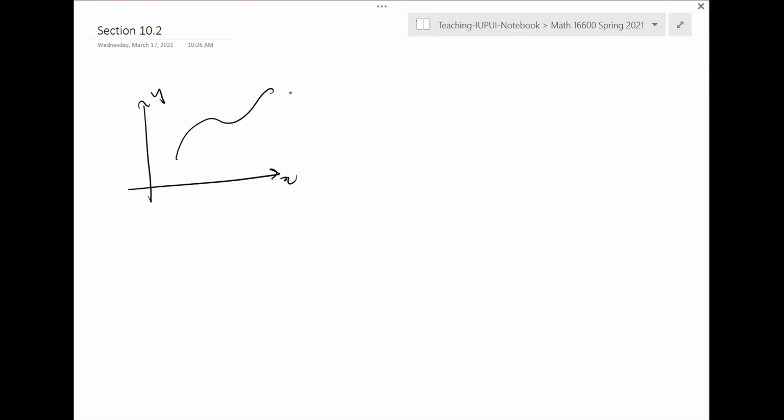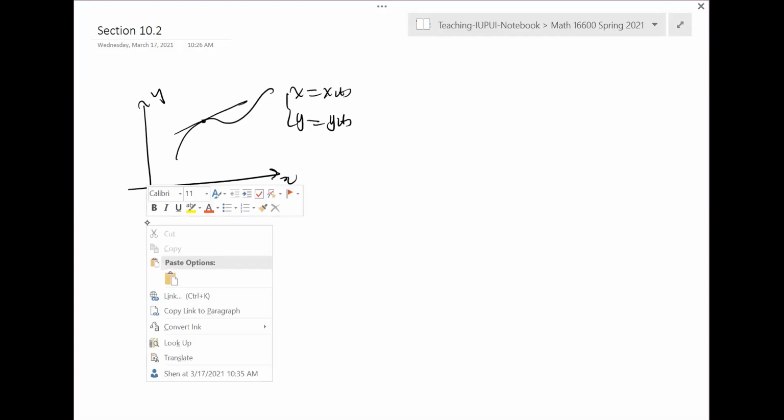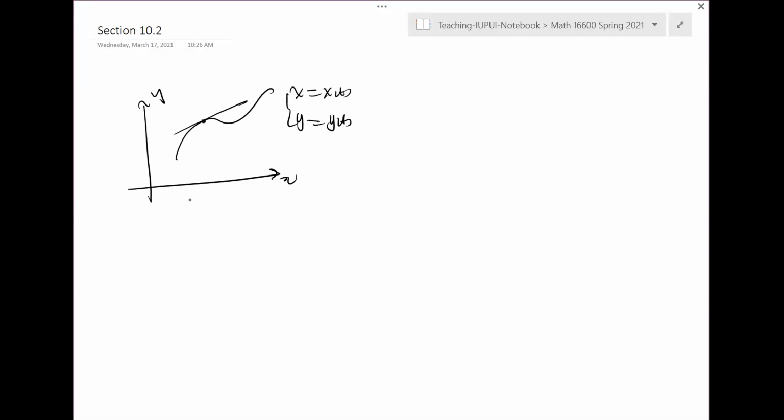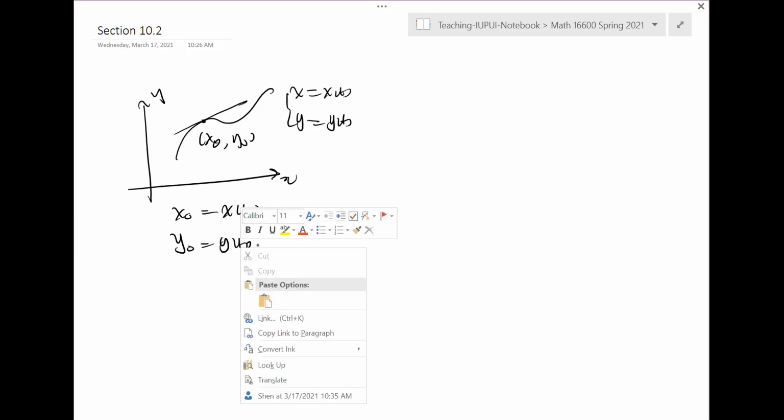And suppose it's parameterized by 2 equations, okay? And you want to find the tangent line at that point. So the slope, this is a point x naught, y naught, okay?